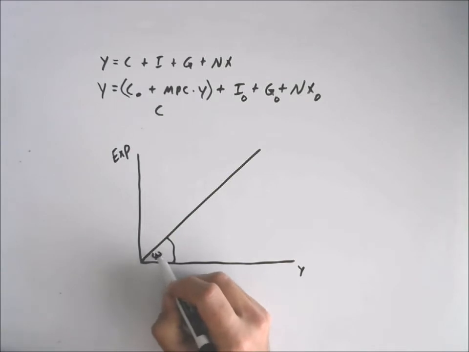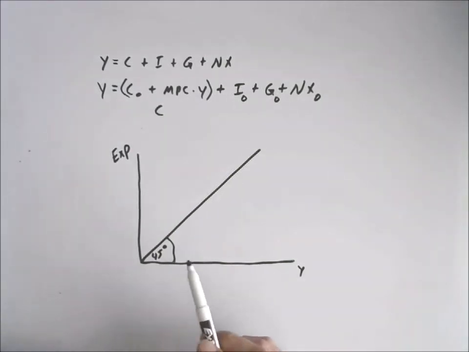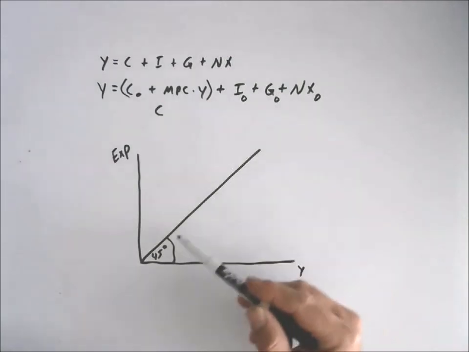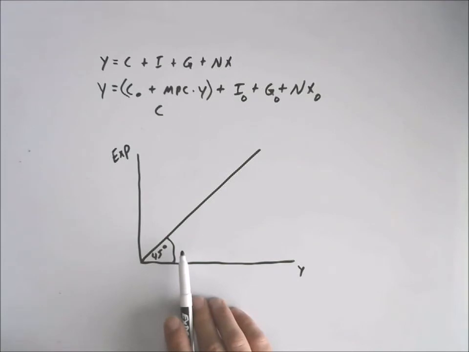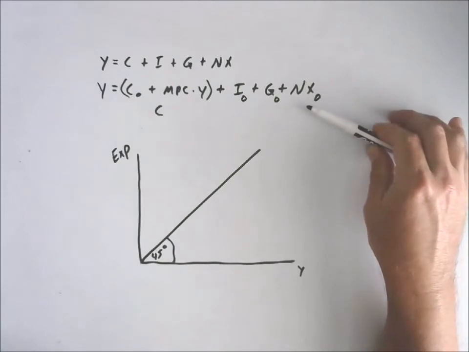What this 45-degree line means is that if we spent every dollar of GDP exactly, and we didn't save any, and we just spent dollar for dollar, the economy would be on that 45-degree line. Having said that, our planned expenditures are going to be derived from this function here.